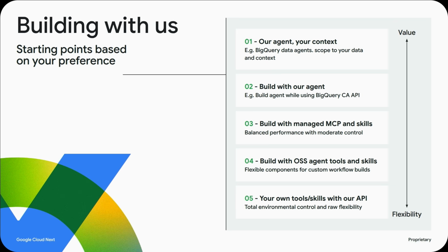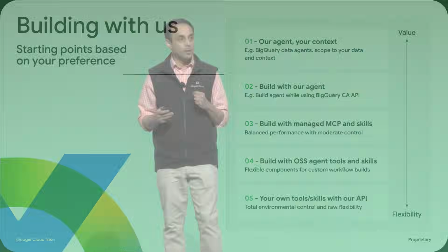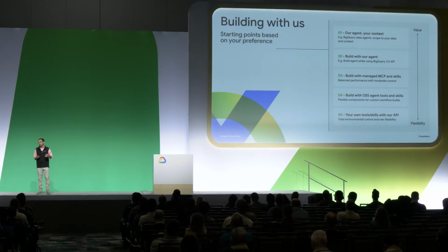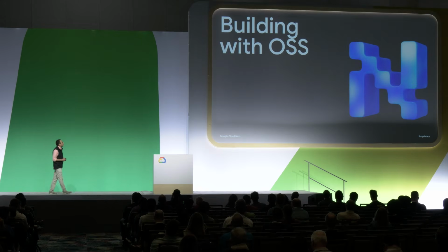For example, all the way at the top is the concept of a data agent, where you offload the core agentic harness, reasoning, as well as access to Gemini to us, while you bring in your own context. While as you go all the way down, you of course have our APIs that you can use to build your skills and tools as you build your own agents. In between, there are multiple open source and managed options, and that's what we are going to cover today. So let's get started. Let's start with a couple of open source options.